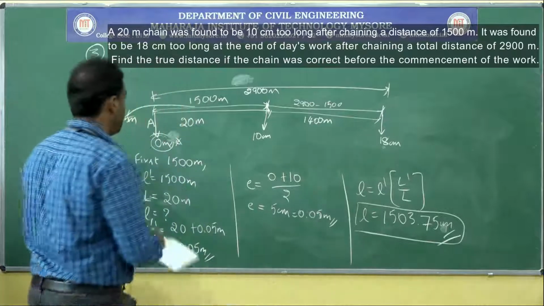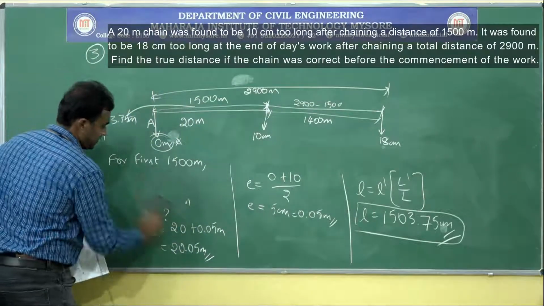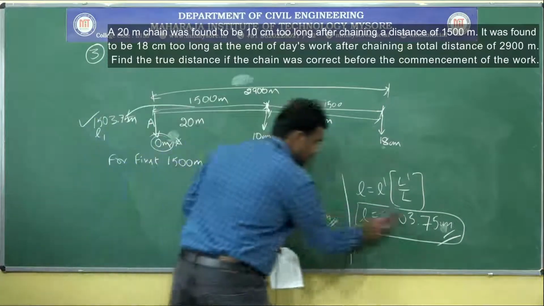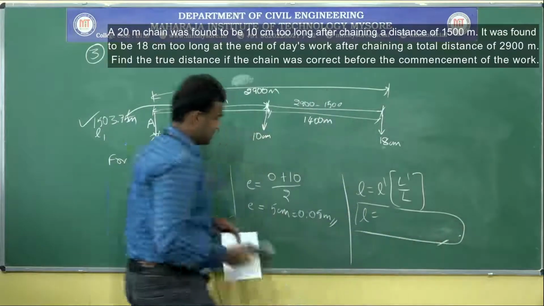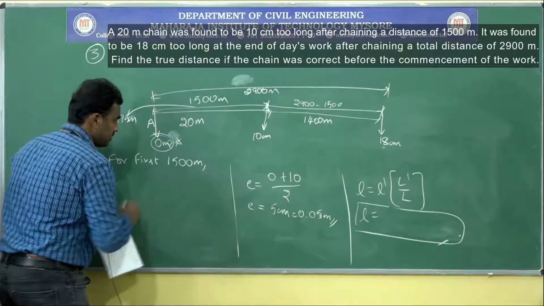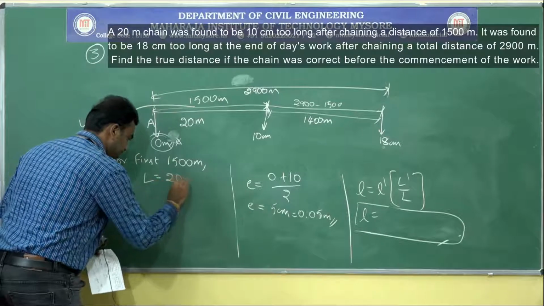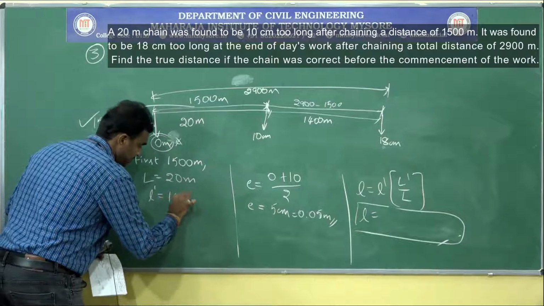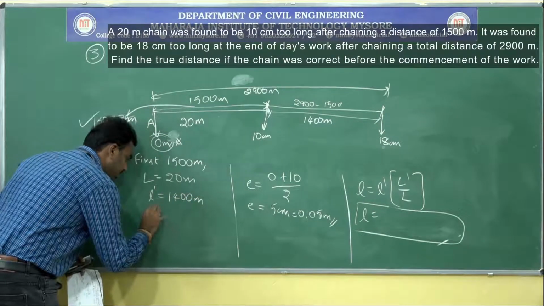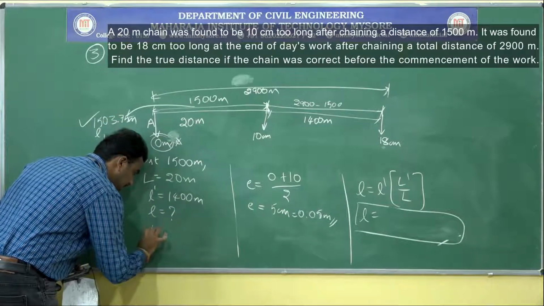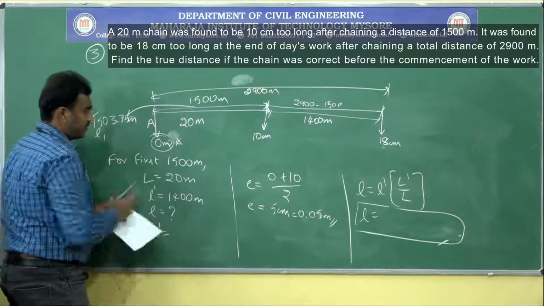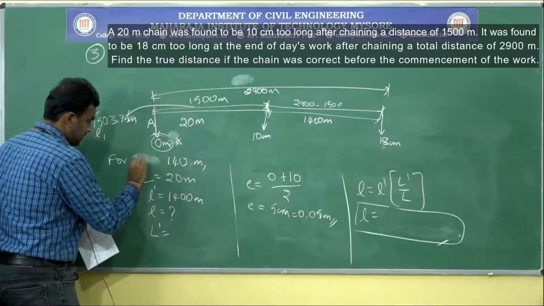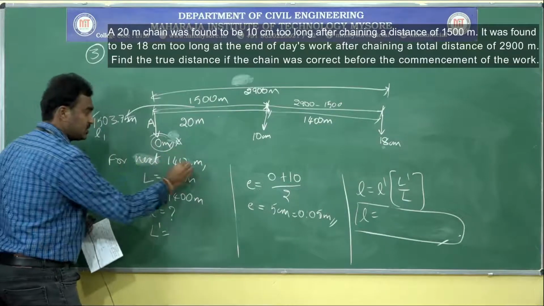Now let us move on to the next length. Same thing remains, but here L is the same, 20 meters. The measured length will vary, that is 1400 meters, and you need to find the true length for the next 1400 meters.